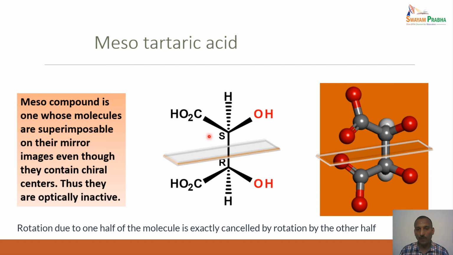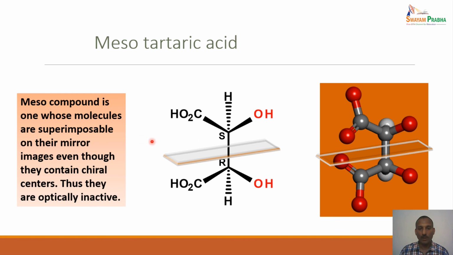The top part of the molecule is the mirror image of the bottom part, and the top part can be easily superimposed on the bottom part. So meso-tartaric acid is one example which is optically inactive.